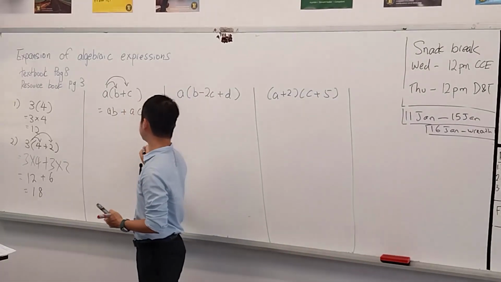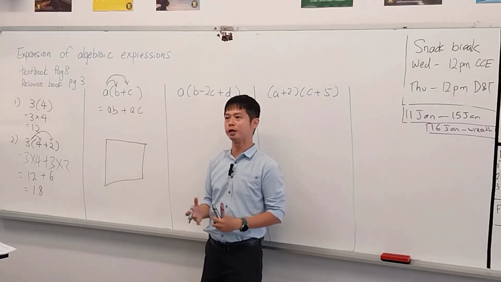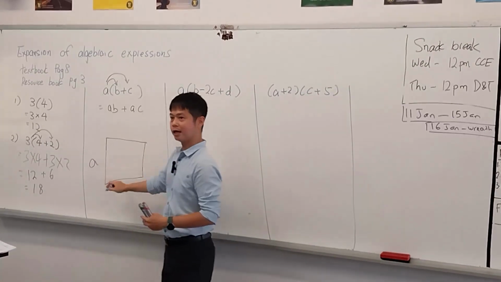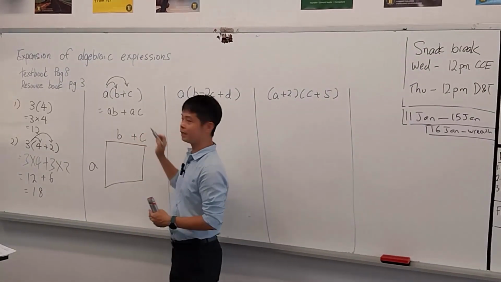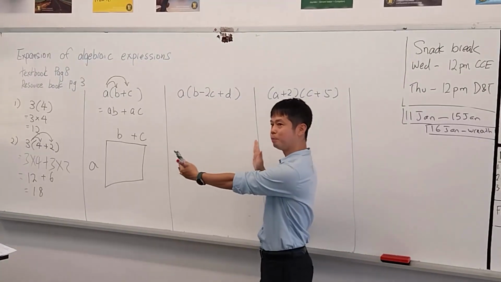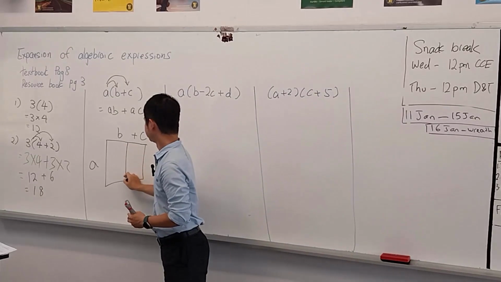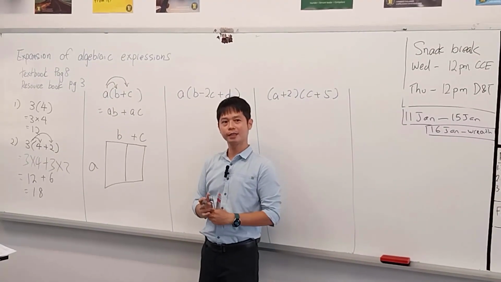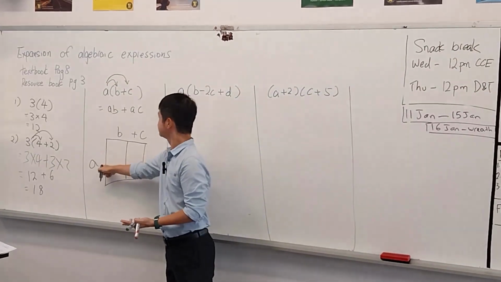Now, another way to look at this is, you can look at expansion in terms of area multiplication. So we will have A here, right? The length is A, and we multiply by a length B plus C. One of the lengths is B plus C, and one of the lengths is A. So A multiplied by B, in terms of A and B, what area will you get?